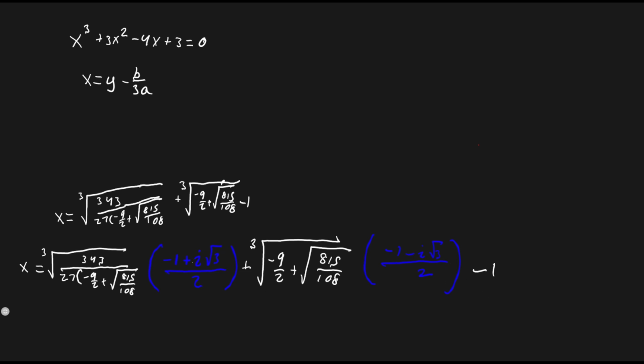And we can do the same thing, but we're just going to be rewriting the whole thing with the second root of unity being this, negative 1 minus i root 3 over 2, and negative 1 plus i root 3 over 2. Since we're just going to be switching the signs, there's no use for us to write the whole expression again. But that is our first cubic that we were able to solve.